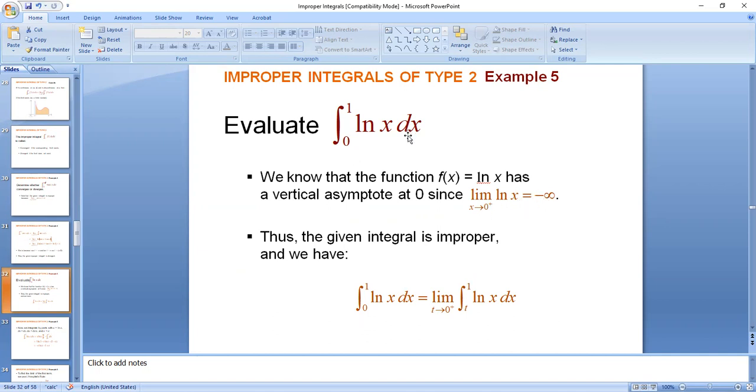If you substitute 0 here, it's just like saying that ln of 0 is negative infinity. Thus, the given integral is improper, and so the original integral is replaced by this integral.